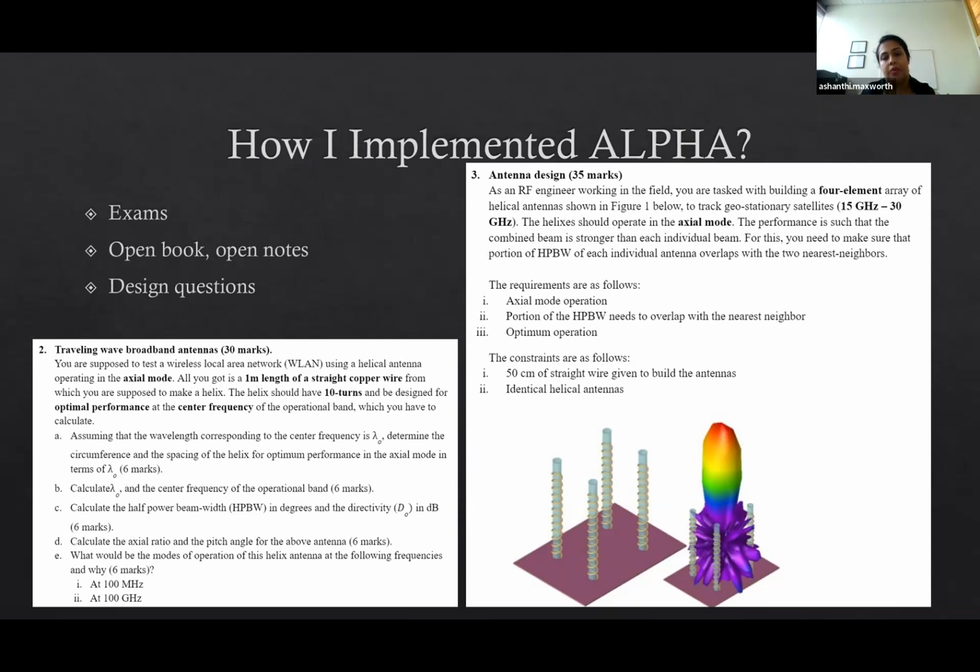Most of the questions were design-type questions. There were constraints and requirements, and they had to come up with their own design to fulfill them. And some questions required applying design equations and coming up with answers.